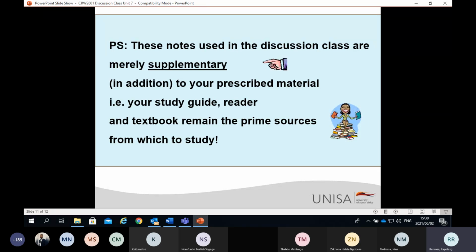But part of his argument as well, or the argument that was raised on his behalf by his advocate Barry Roux, was that he had a heightened anxiety disorder that caused him to have what was dubbed a fight response.